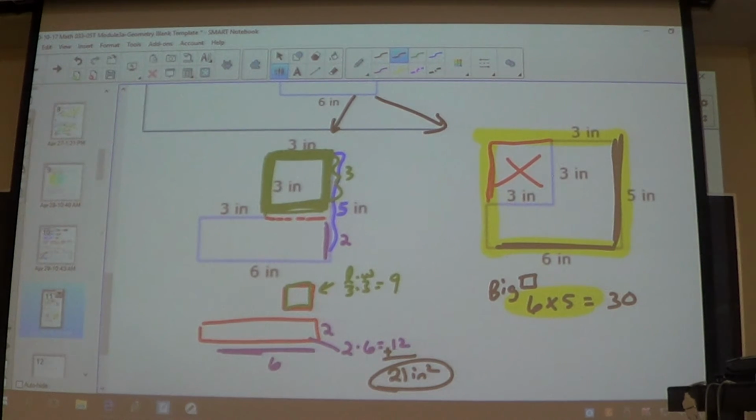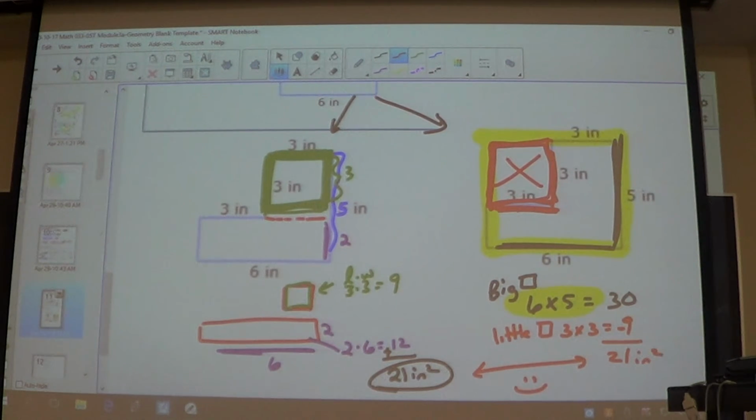What is the width and height of the piece of paper I'm tearing out? What's the little rectangle? 3 by 3. And I'm subtracting this time because I have a sticky note minus the corner. What does that give me? Same answer.